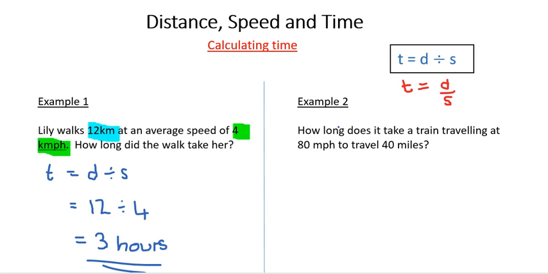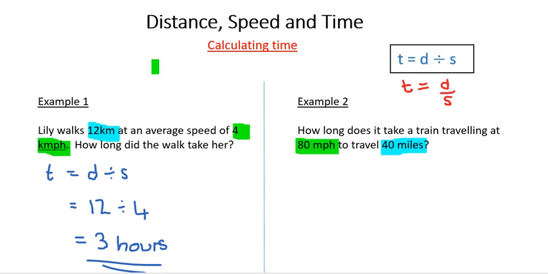And example 2, how long does it take a train travelling at 80 miles per hour to travel 40 miles? Okay, so again, let's have a wee look and see if we can work out our distance first of all. So the train's travelling at 80 miles per hour, so that must be a speed unit, miles per hour. So 40 miles is the distance travelled. Therefore, we've already identified our speed must have been the 80 miles per hour.